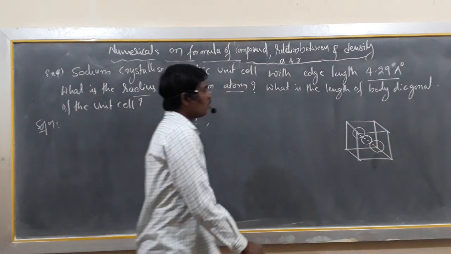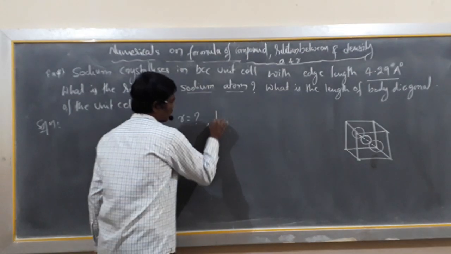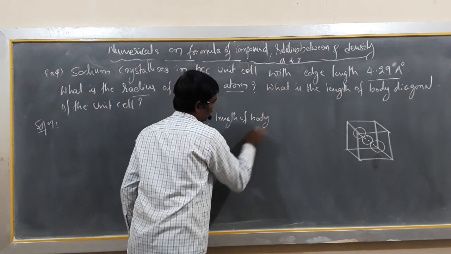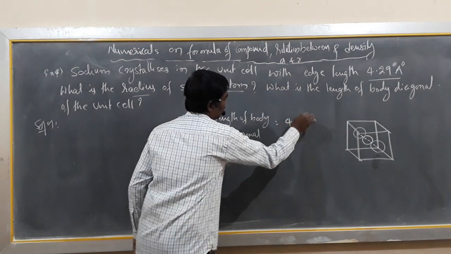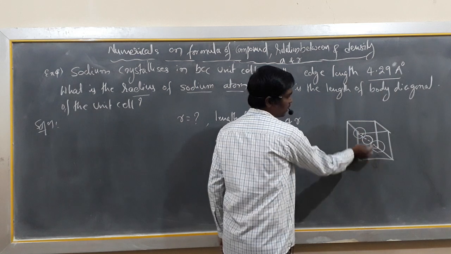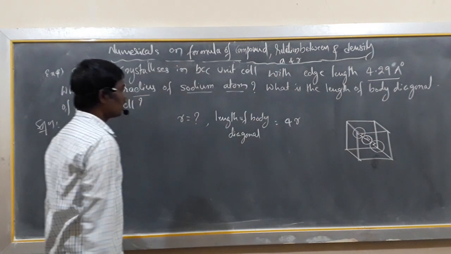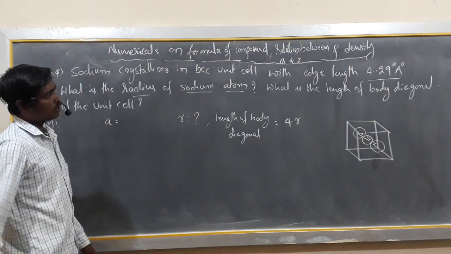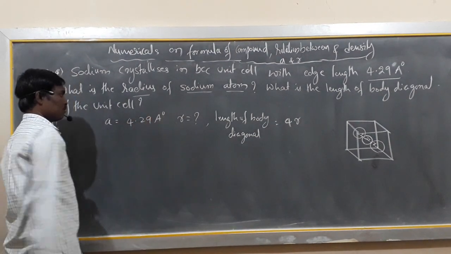The length of the body diagonal is nothing but the sum of the radii of 3 spheres, right? The length of the body diagonal is equal to 4R. The radius of the first sphere is R, the second one's diameter is 2R, and the third is R. So the length of the body diagonal is equal to 4R, and the given edge length of the unit cell is 4.29 angstrom units.